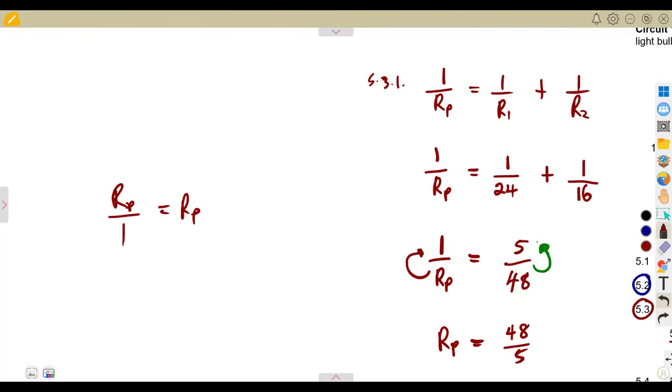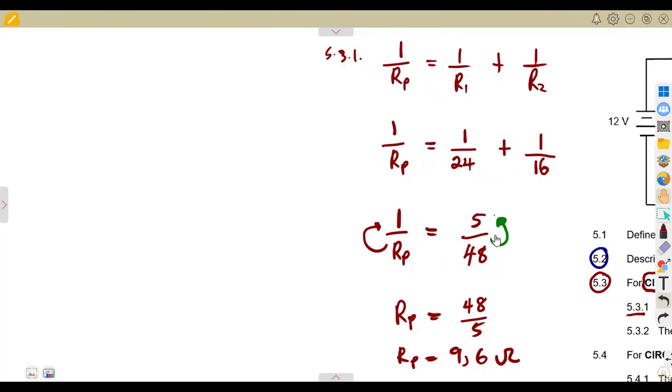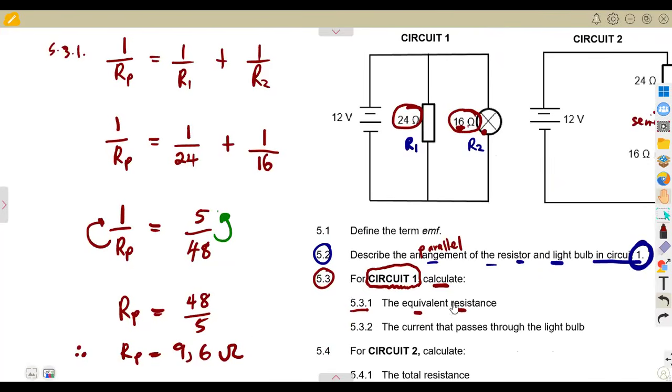As a decimal, this gives you 9.6 ohms. Remember, this is resistance, so you're supposed to give the unit properly, that is ohms. That is the total resistance of the parallel combination. The total resistance is 9.6.